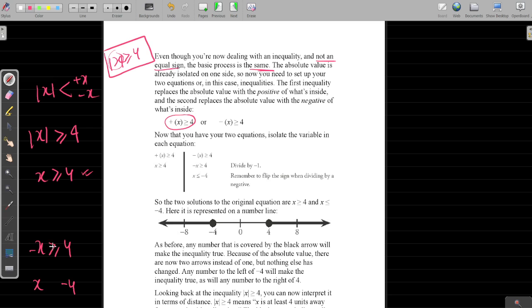So this one is now less than or equal to. So our one value is x greater than or equal to 4, another one is x less than or equal to minus 4. Now you have two inequalities. First one is this one and second one is this one. I set the variable. So this one is our one answer, another one is this one.